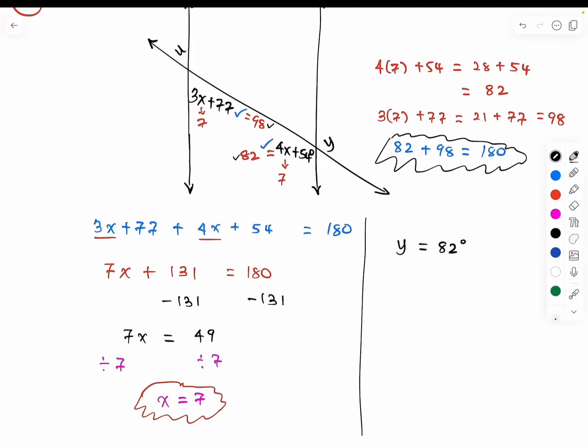So my y is going to be 82, because we just saw in the previous video that those are vertical angles. And the other one we saw in that video too: my u would also be equal to 98, because they are vertical angles.